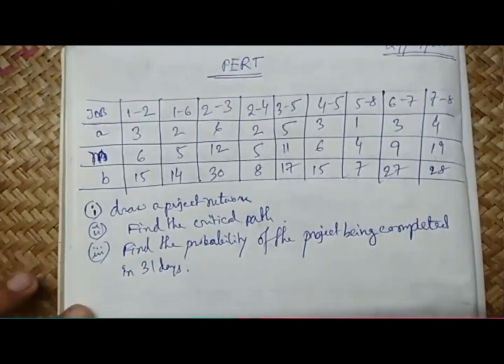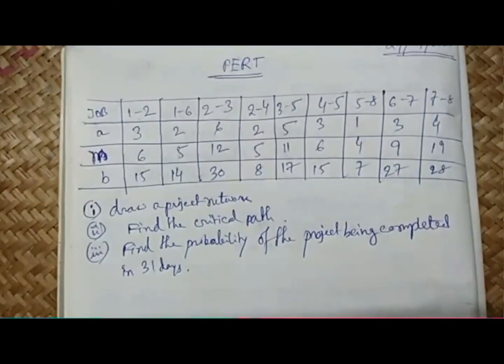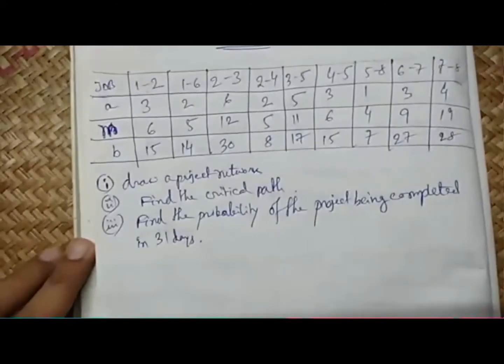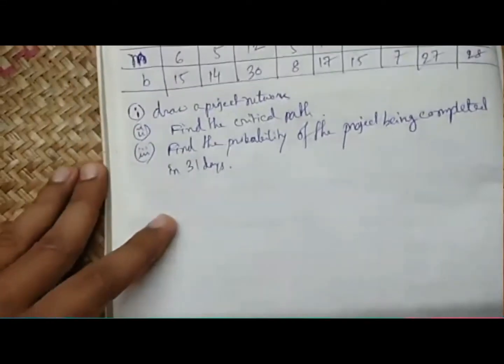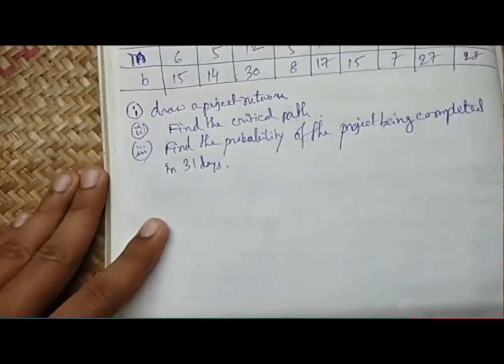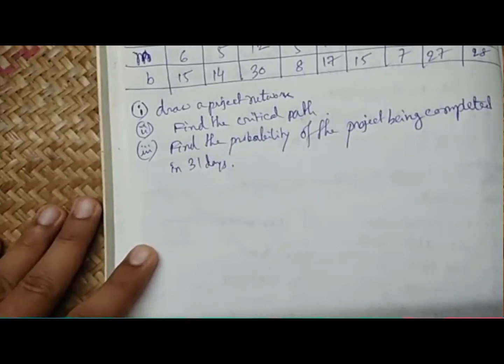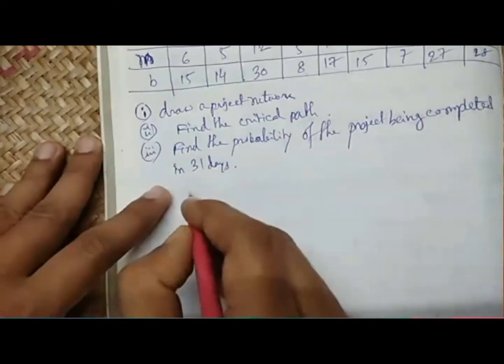Now our job is to find out the expected time for each activity and the variance of each activity. We will make a table.